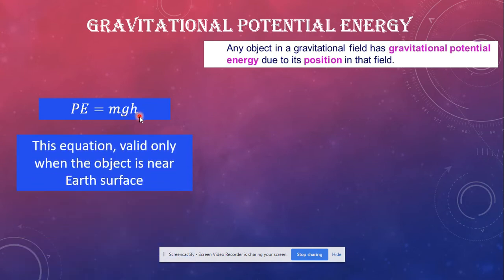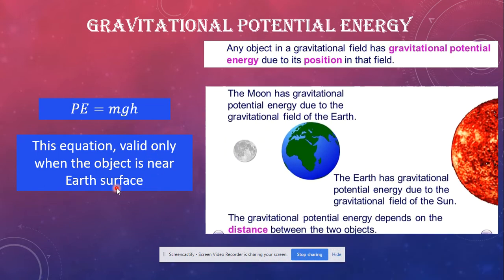However, this equation is valid only when the object is near the surface of the Earth. So the moon has gravitational potential energy due to the gravitational field of the Earth. Also, the Earth itself has gravitational potential energy due to the gravitational field of the Sun.